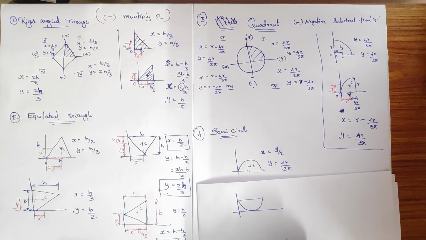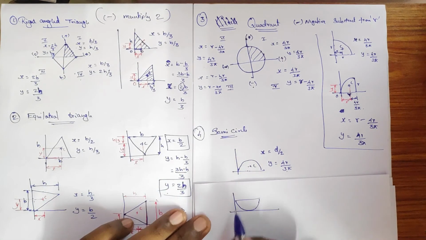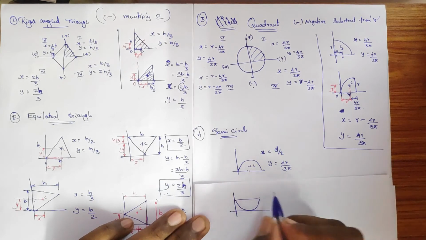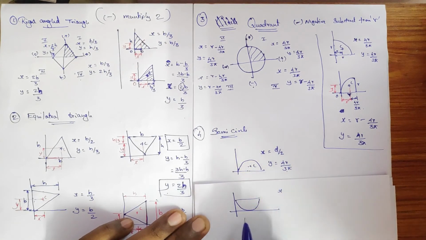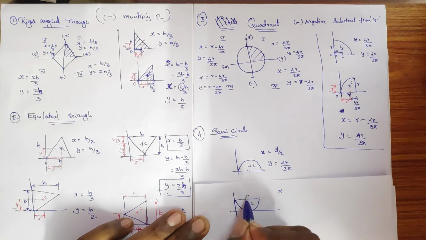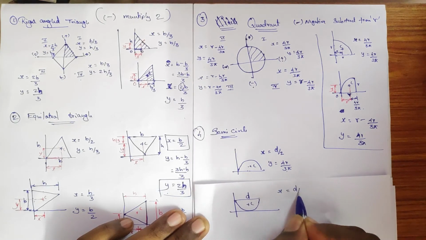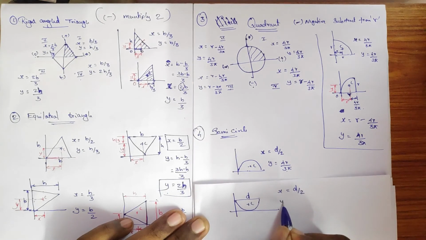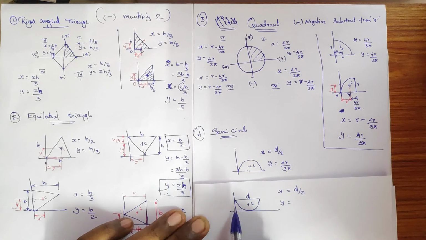So when you are having such kind of position, basically we know x is equal to d by 2, right? Here as well the entire length of this object is there in this position also. So for the x, d divided by 2, and for the y, just see from this end to this center.